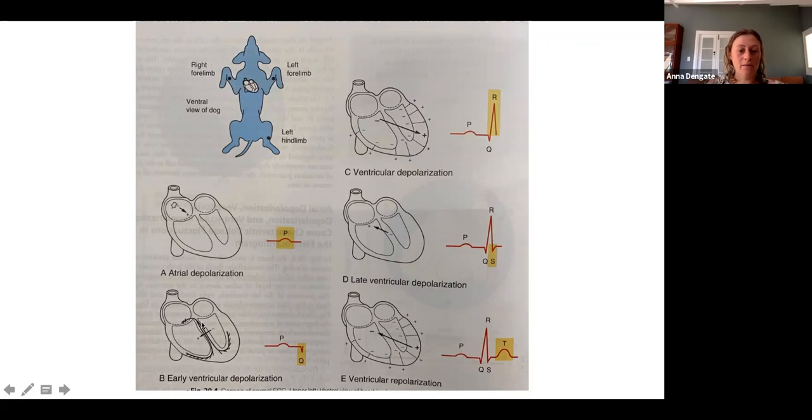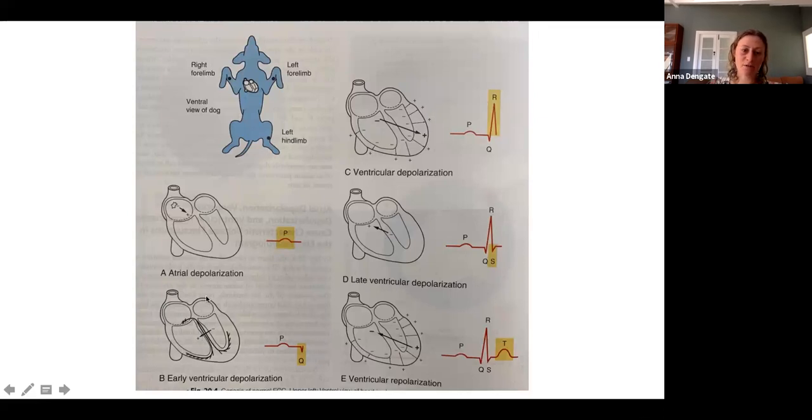So then we get the initial conduction through that bundle of His, through the AV node and the start of the electrical conduction through the ventricle.